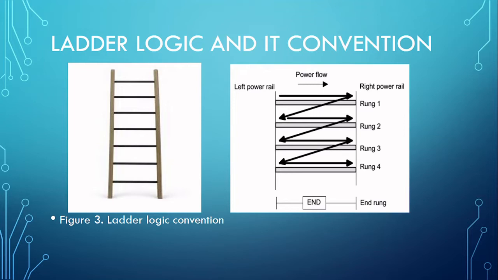For instance, Mitsubishi uses X for input components and Y for output components, whereas Siemens uses I for input components and Q for output components. So the address and notation depend on the PLC manufacturer, which needs to be known by the user.